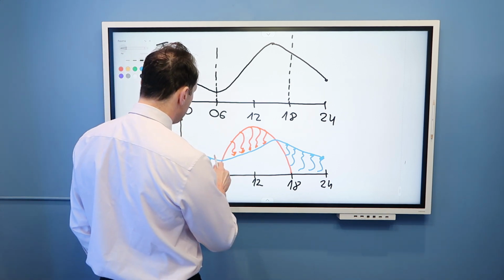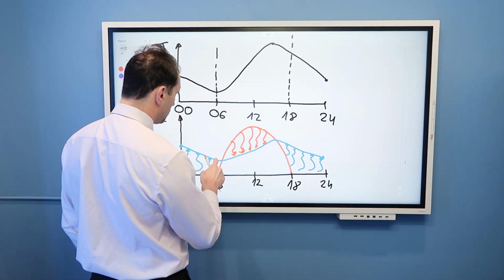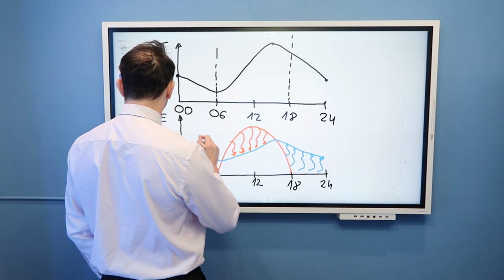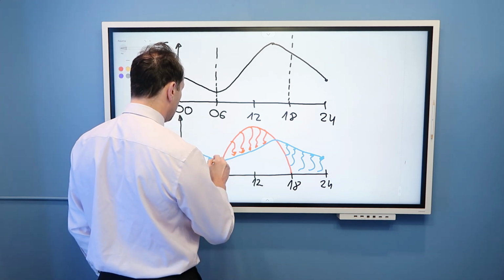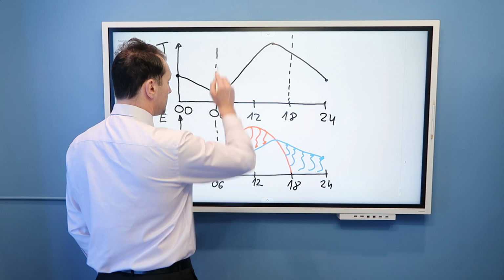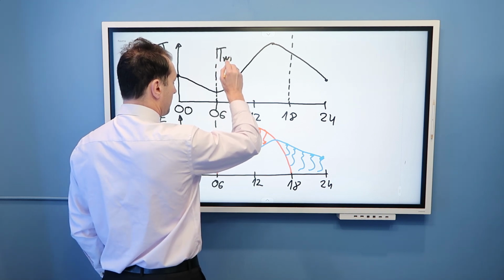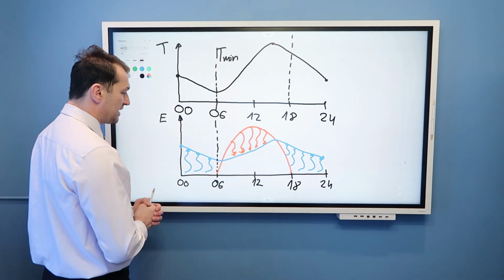Now you can see therefore that the minimum temperature will be at sunrise. At sunrise, why at sunrise?